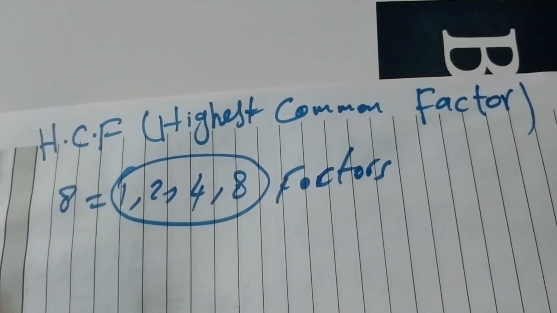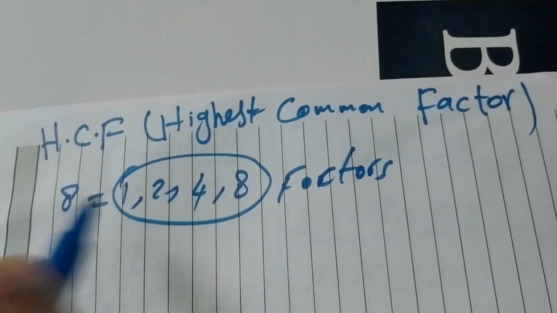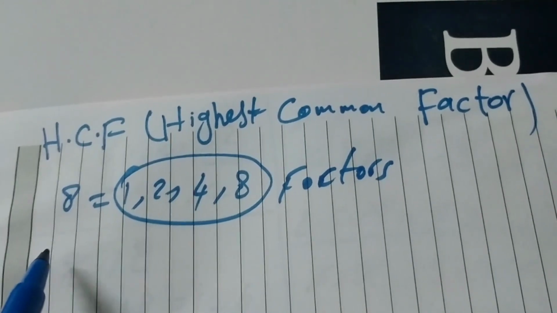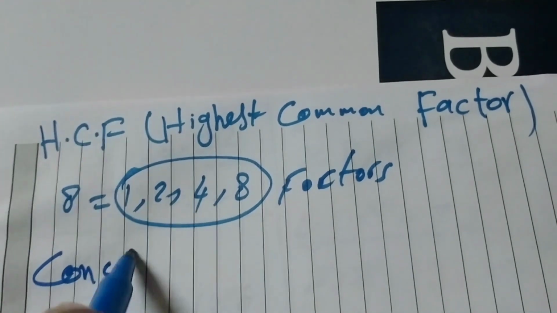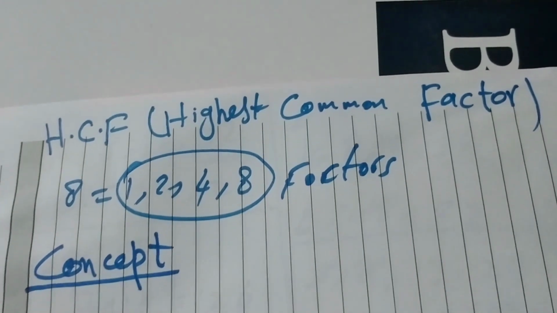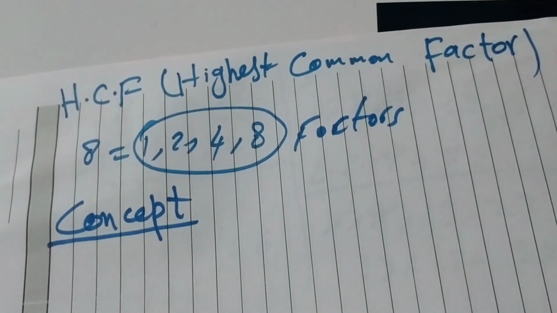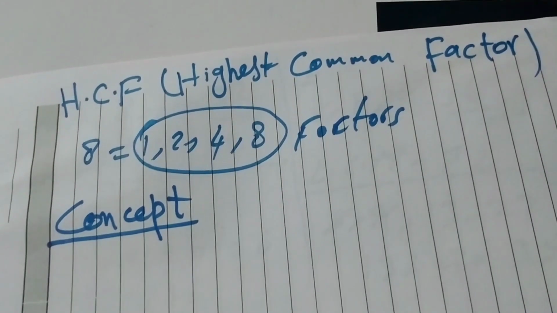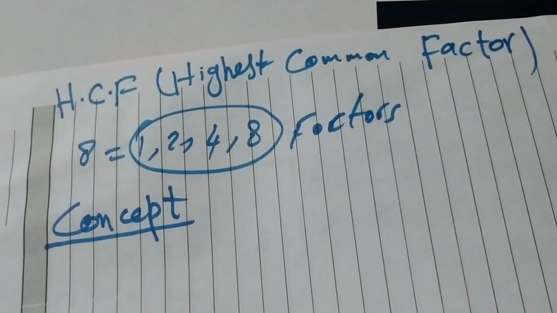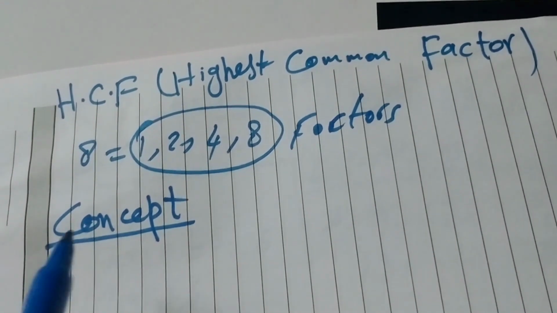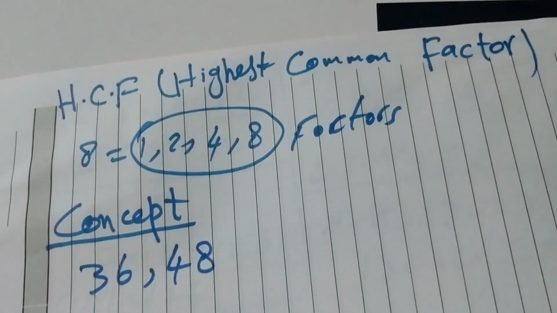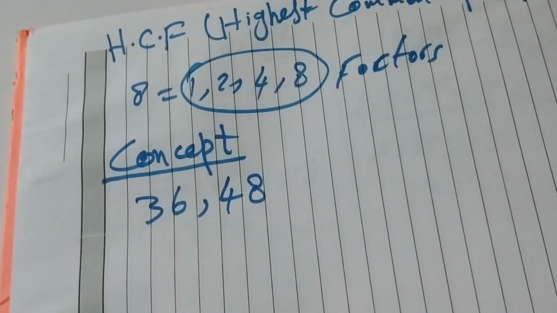First of all, we would like to understand the concept, because as I told you, concept is the backbone of the topic or the question. If you know the concept, you are able to solve any kind of question. So there are the given numbers 36 and 48. Find the HCF of the given numbers.